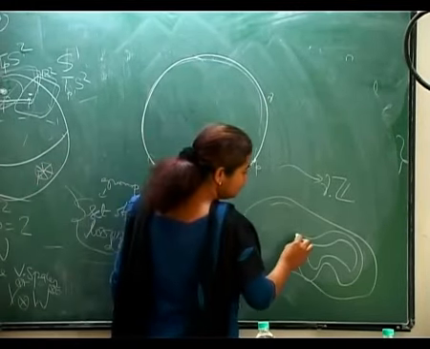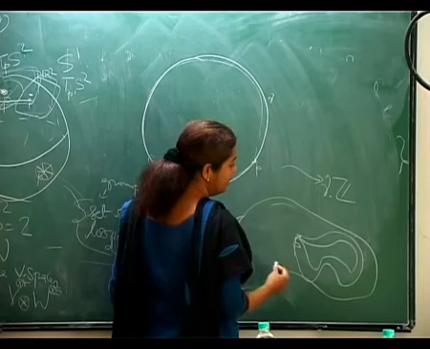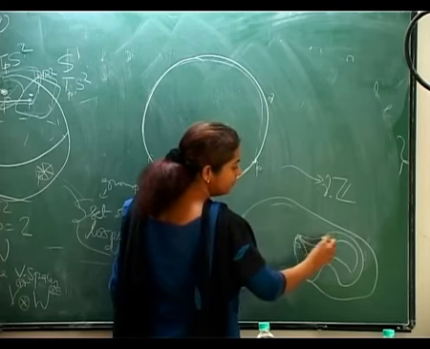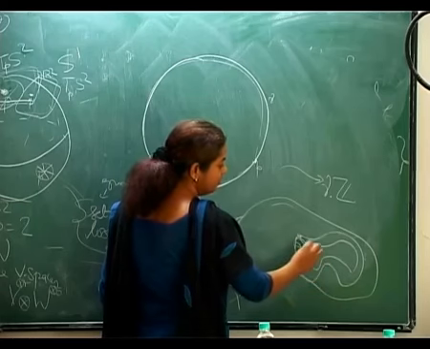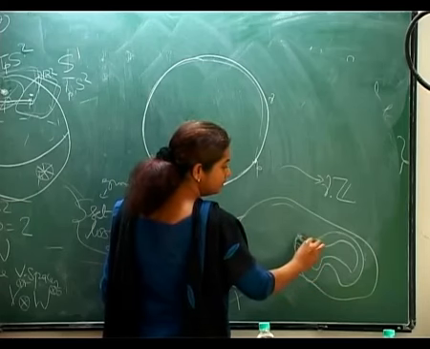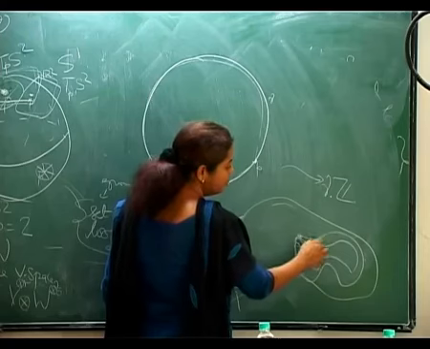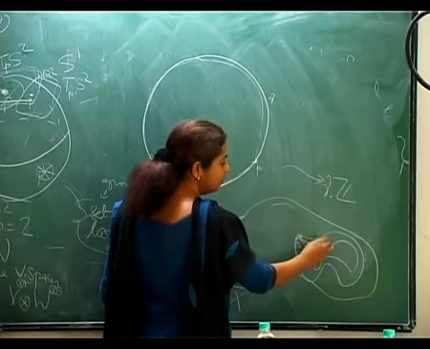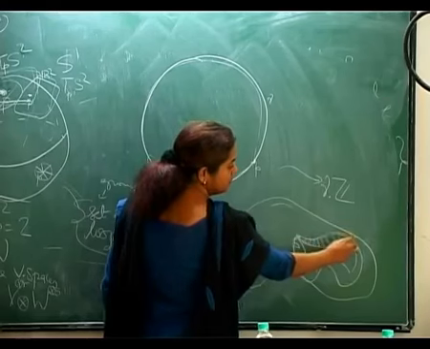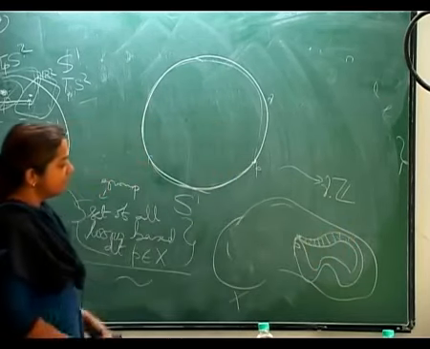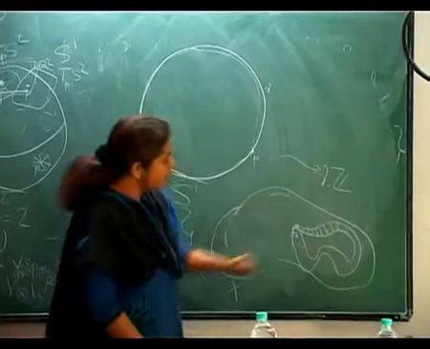You can just deform the bigger loop which goes around the smaller loop, just shrink the bigger loop, that means you deform it and identify it with the smaller loop.